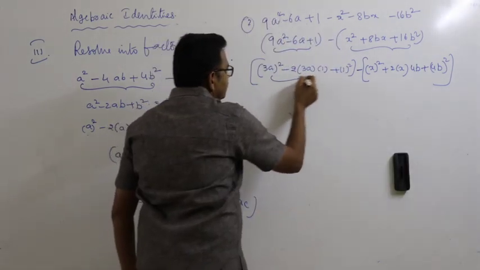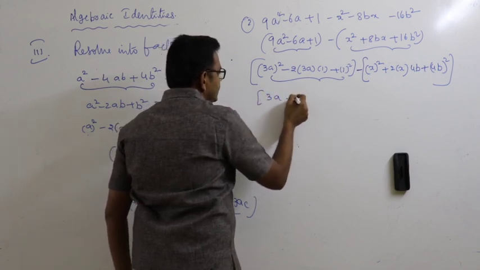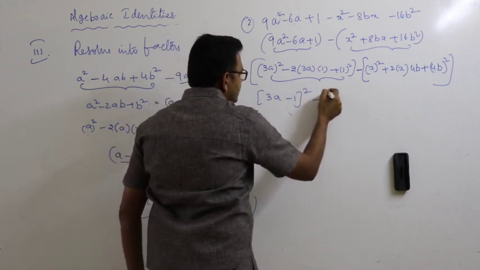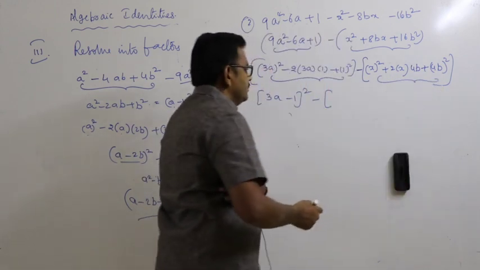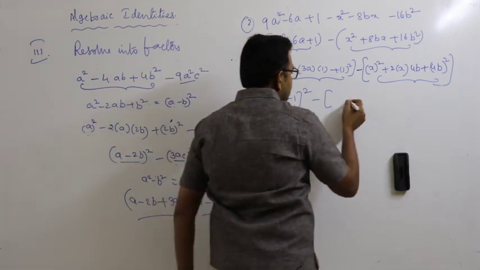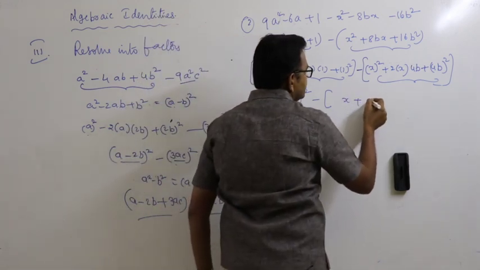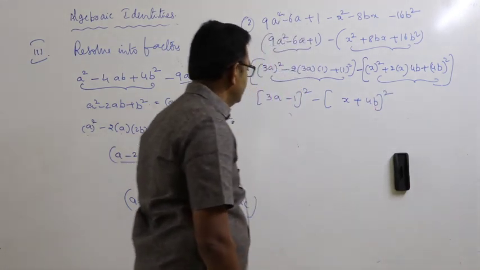So this is the a minus b whole square formula. So this is 3a minus 1 whole square minus this is the a plus b whole square formula, that is x plus 4b whole square.